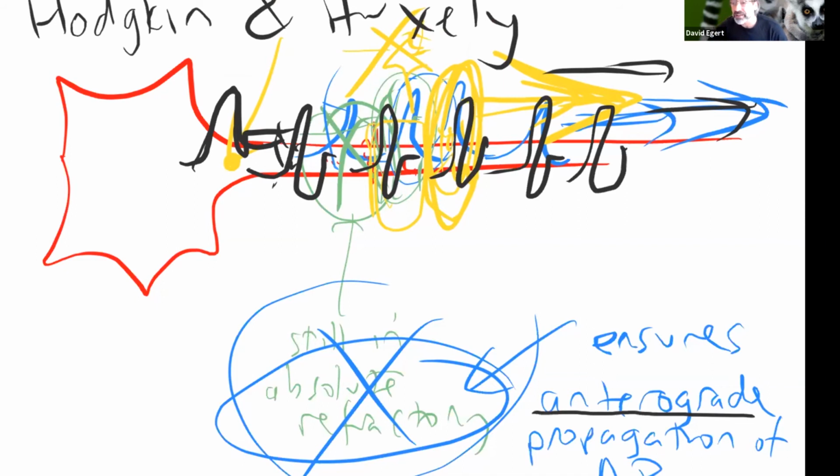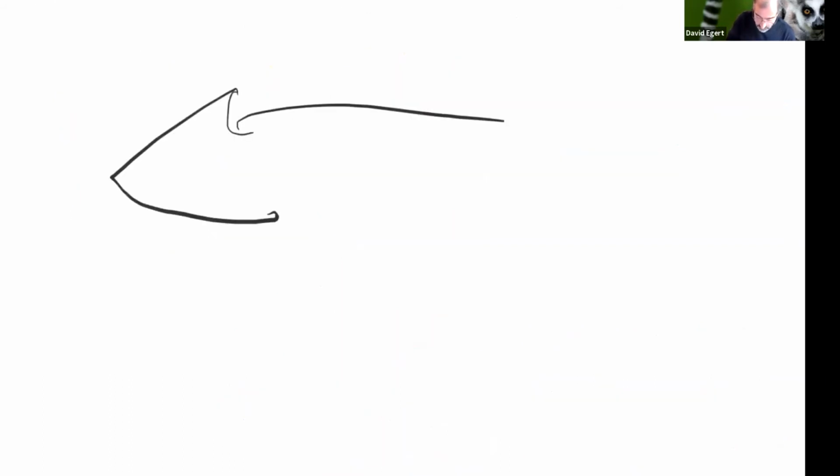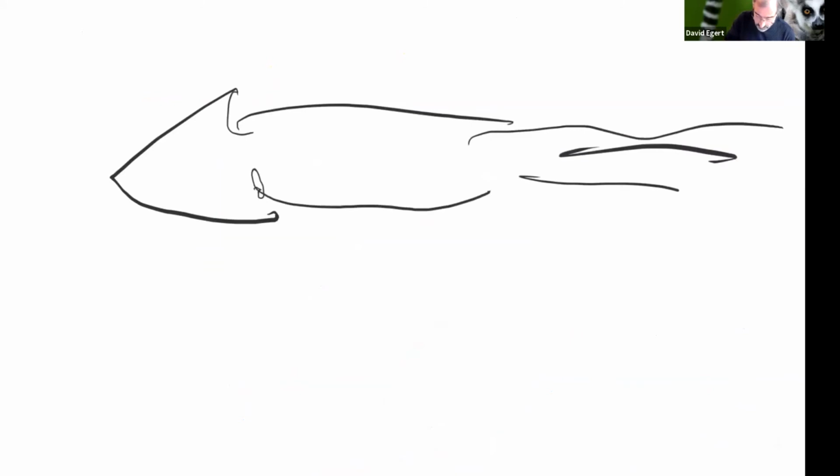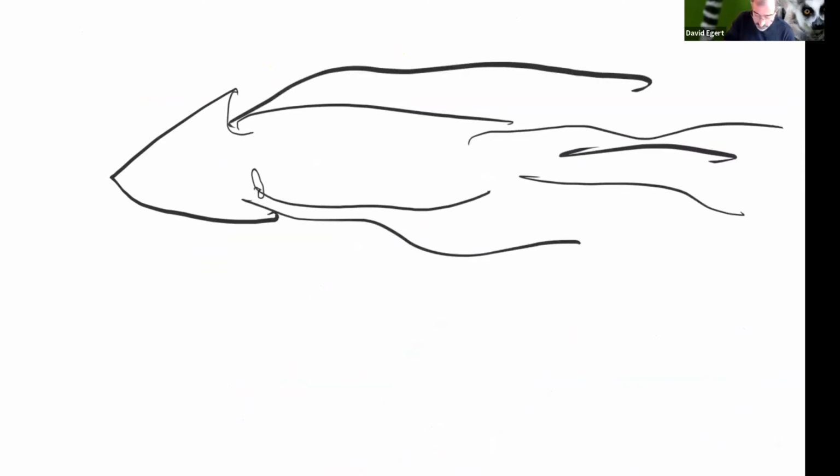This was back in the 50s. These guys used what is called the squid giant axon. It sounds like it's from a giant squid. It's not. It's actually just your classic calamari squid.